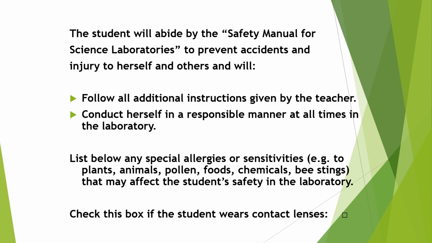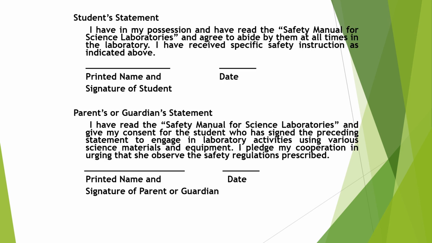Conduct herself in a responsible manner at all times in the laboratory. List below any special allergies or sensitivities, for example, plants, animals, pollen, foods, chemicals, things that may affect the student's safety in the laboratory. Check another box if the student wears contact lenses.